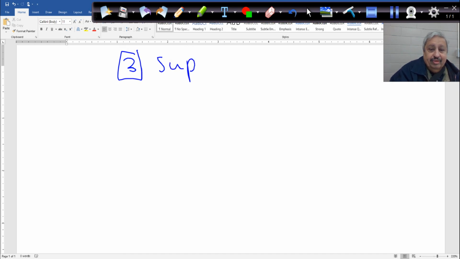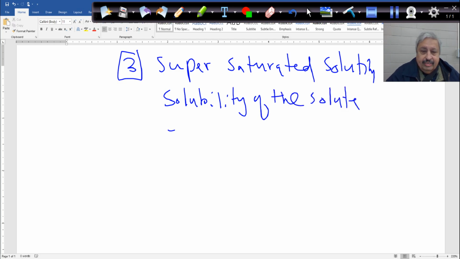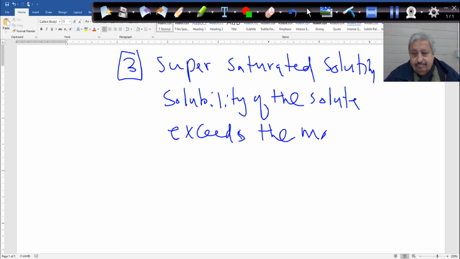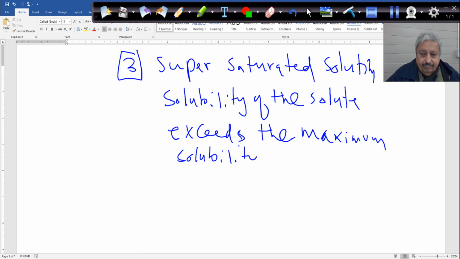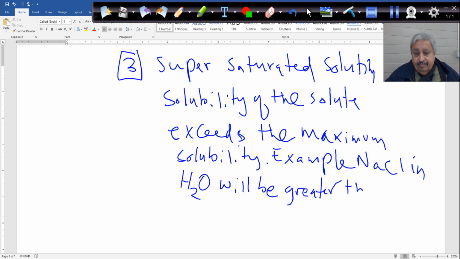Number 3, I have supersaturated solution. A supersaturated solution is when the solubility of the solute exceeds, not equal to, the maximum solubility. For example, I have sodium chloride in H2O greater than 357 gram per liter.